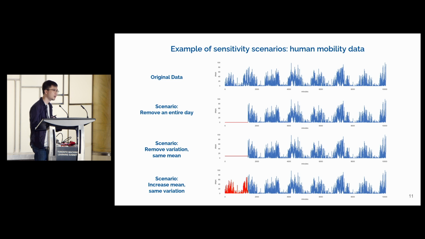And you might wonder, by removing the first day completely, we're actually removing a lot of information, in particular, the mean and the variation, or in particular, the patterns of the movement. That's what motivated us to come up with 2 more scenarios. In the third row, we are removing all the variations in the first day, but we keep the same mean as the original. And this is to investigate the effect of all the variations in the first day.